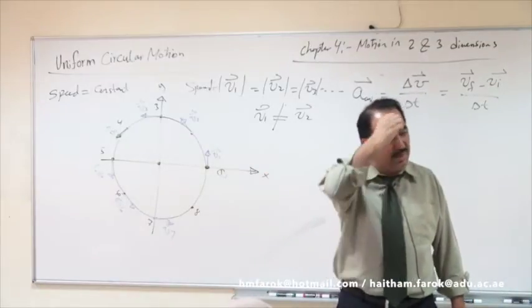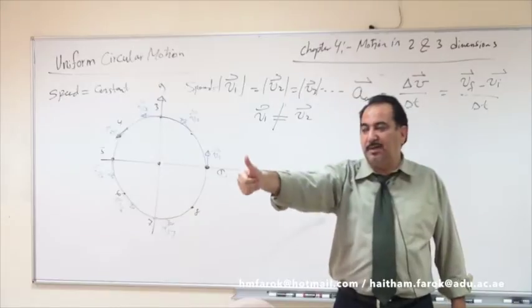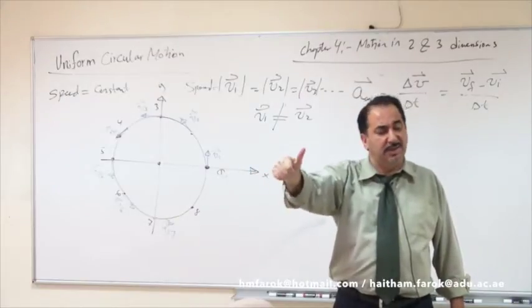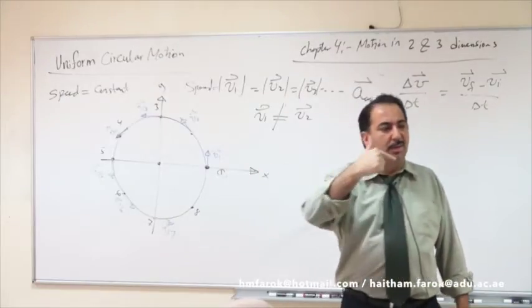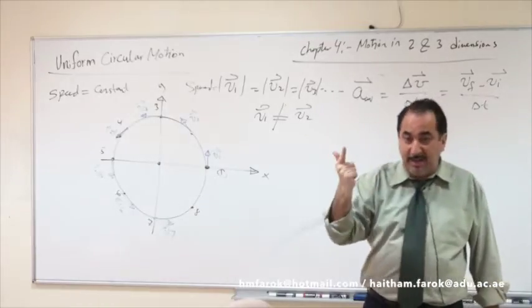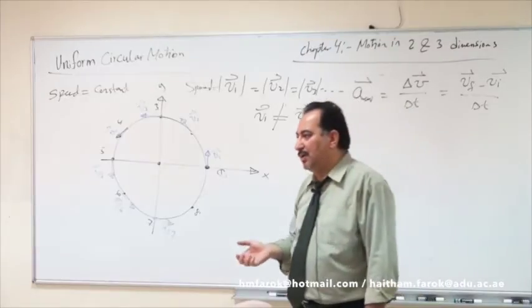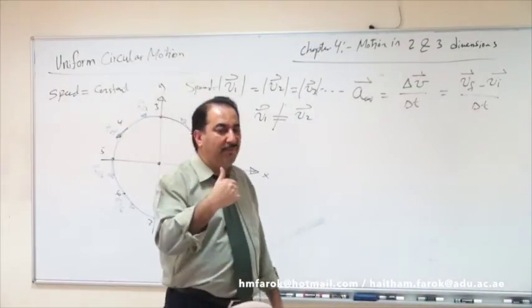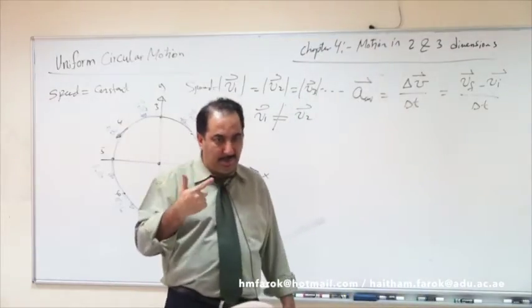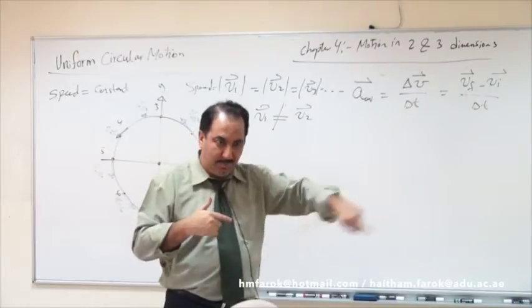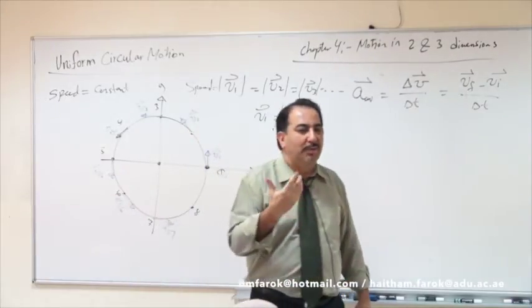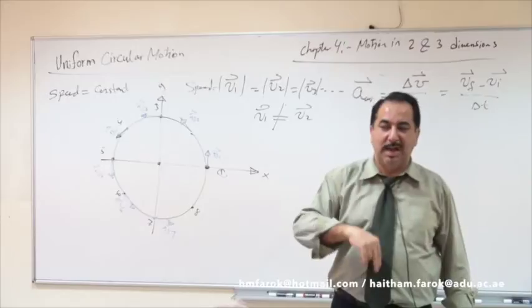So you have three ways: change the magnitude only, change the direction only, or change the magnitude and direction. I gave you the first two. I need an example about the third.